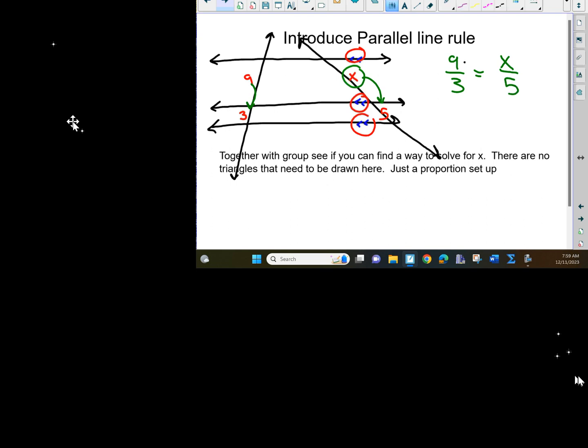If I cross multiply, I'd have 3x equals 9 times 5. So I get 3x equals 45. Divide by 3, and x comes out to be 15.